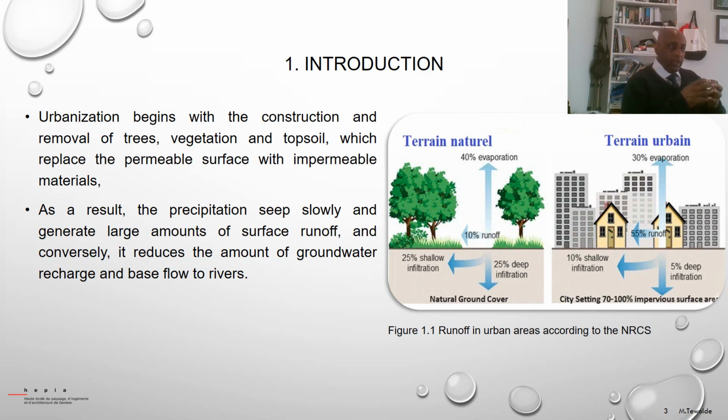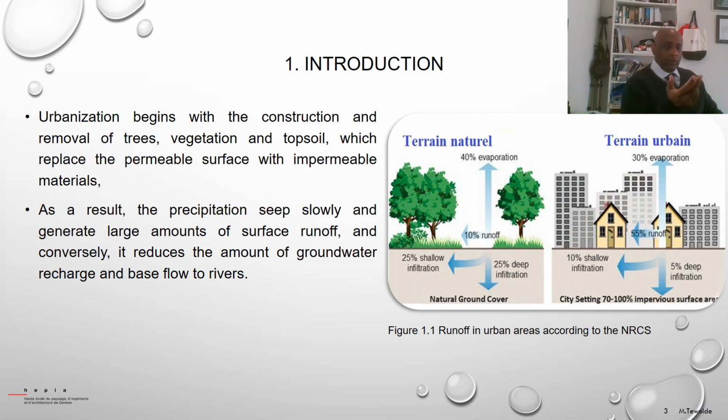For example, according to a study conducted by the Natural Resources Conservation Service in the USA, a city which has an impervious surface of 70 up to 100% increases the runoff by 50 to 55%. It means 55% of the rain that falls will turn into runoff, into effective rainfall.